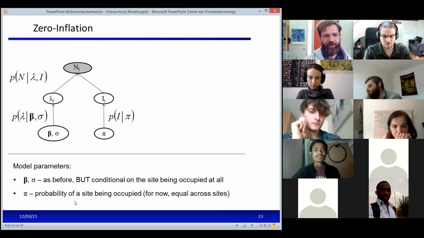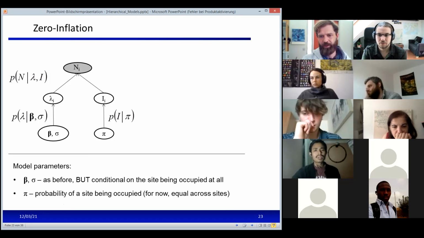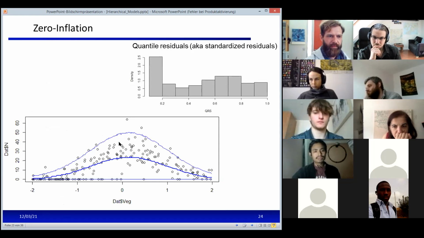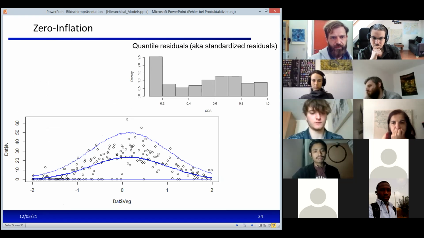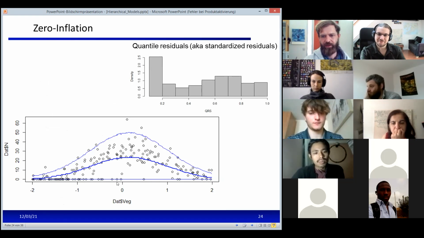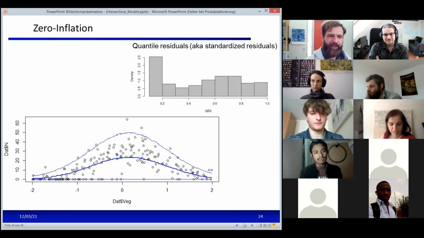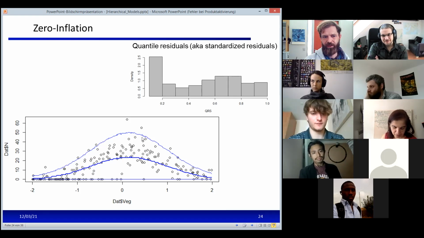It describes this by a certain probability that the site is occupied at all, irrespective of vegetation cover. And that allows us to better describe this occurrence of zeros in our data set, without the need to assume such a general large amount of overdispersion.